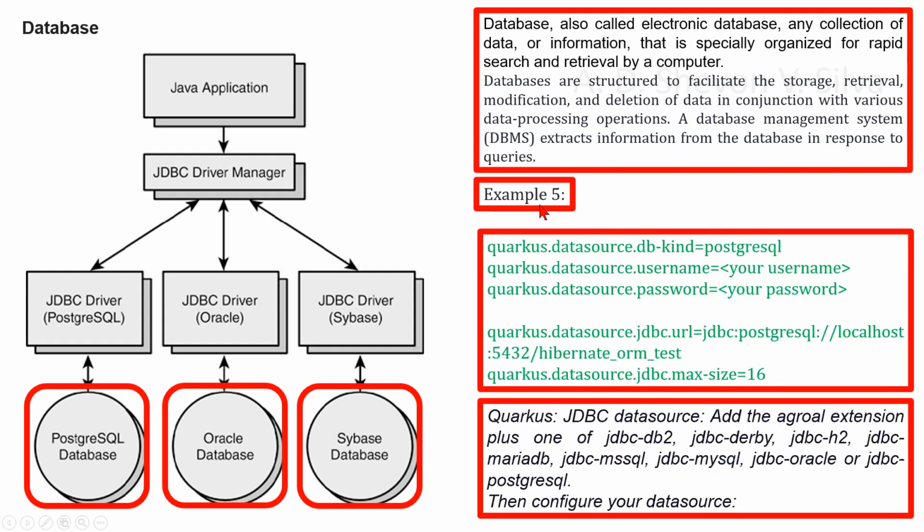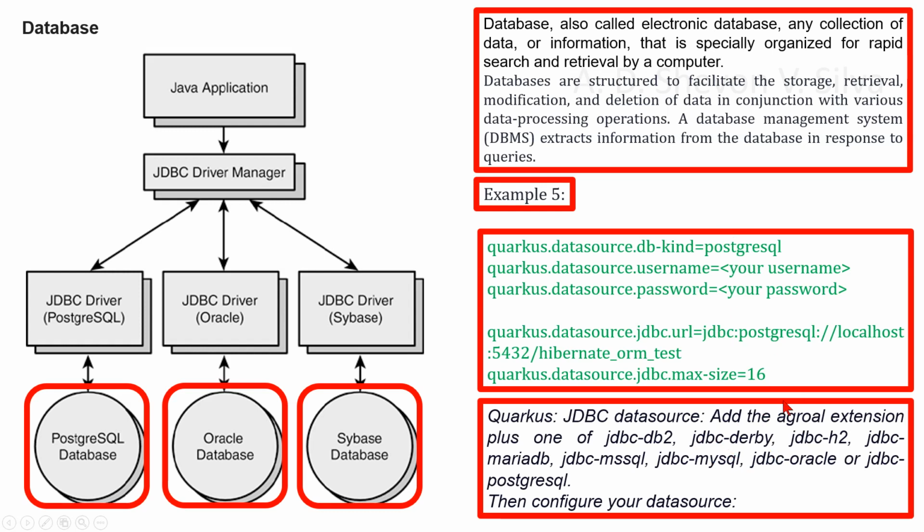As example 5, we can consider this one with the Quarkus JDBC data source: add the extension plus one of JDBC DB2, JDBC Derby, JDBC H2, JDBC MariaDB, JDBC MS SQL, JDBC MySQL, JDBC Oracle, or JDBC PostgreSQL. Then configure your data source.